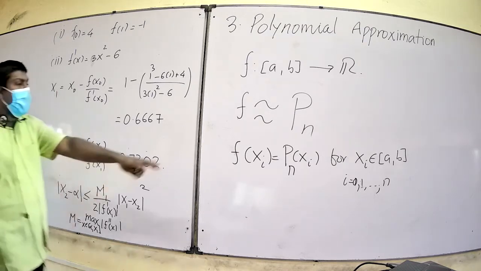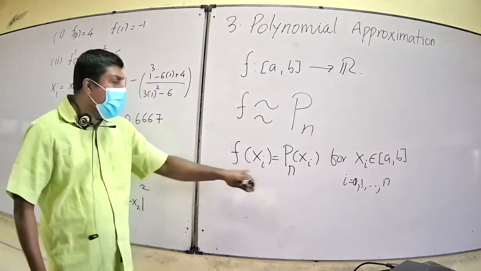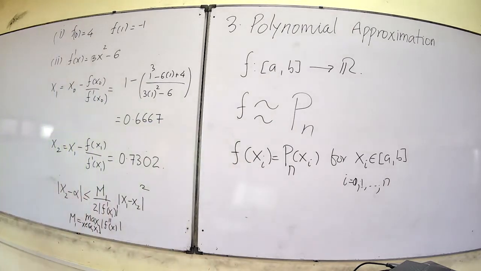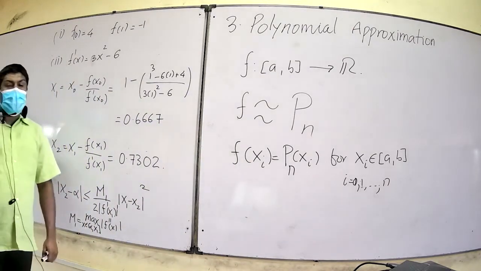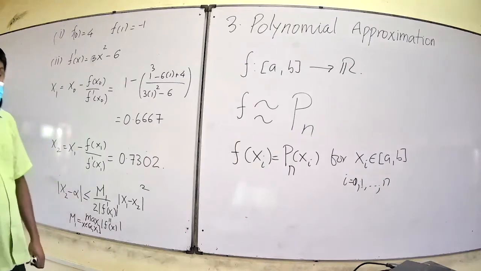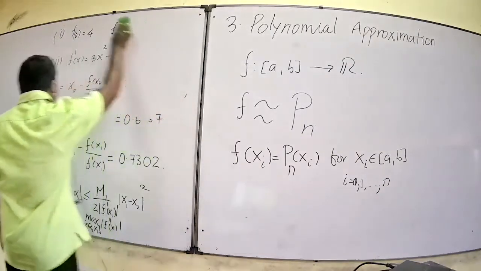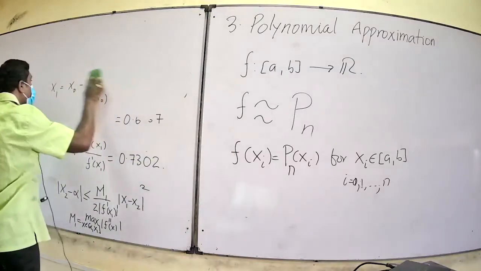A polynomial that agrees with the function f on these points is called the interpolating polynomial, right? So we will try to interpolate by using this. We will write down here what we are going to do.